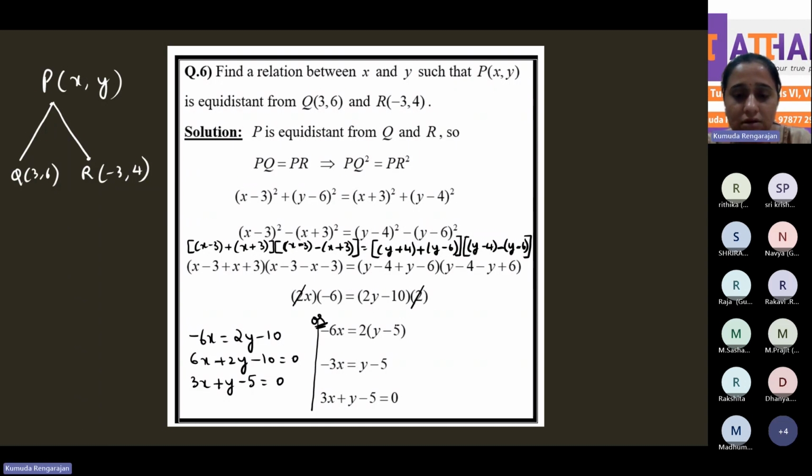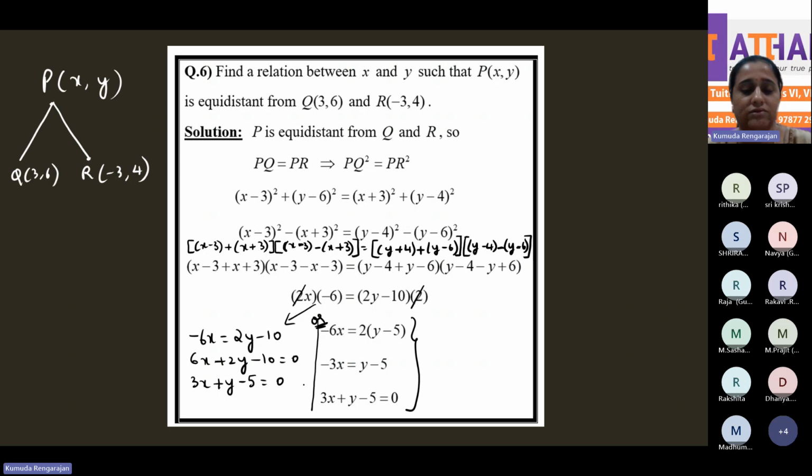I have worked it like this here. If you're not comfortable with this, you can also continue like this. It's not an alternate procedure or something. You can work it like this as you see here, or you can just write minus 6x is equal to 2y minus 10, and then bring everything to one side and divide by 2 throughout.